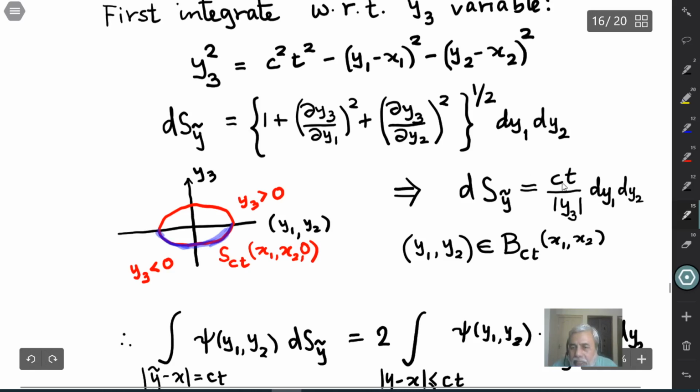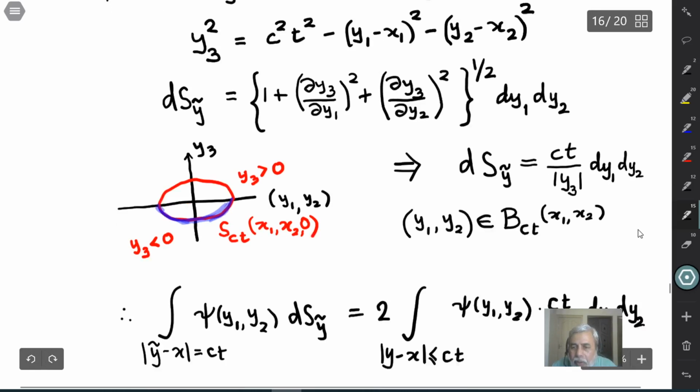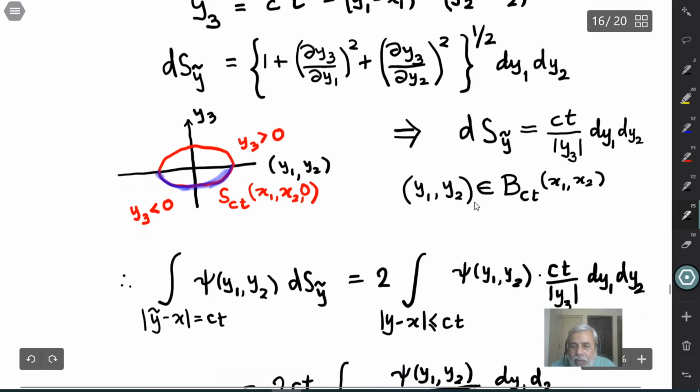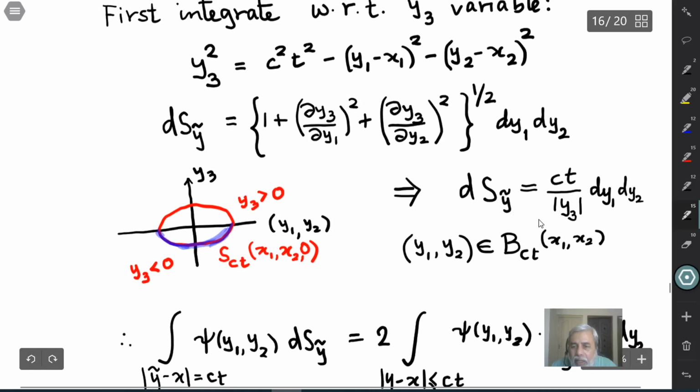It turns out to be Ct by mod y3. Again, y3 can use that square root. And this y1, y2 are in this circle, the circle centered at x1, x2 and radius Ct.